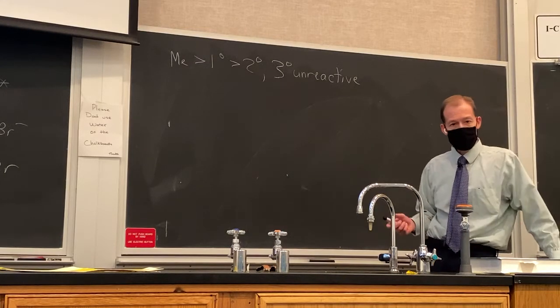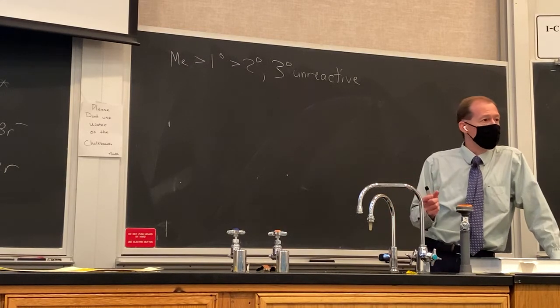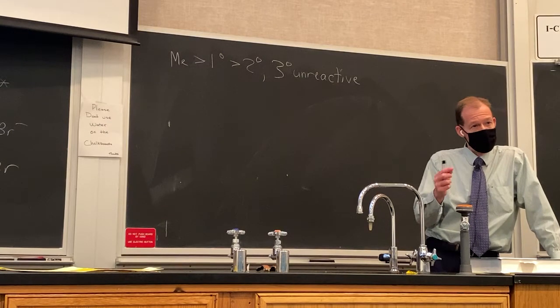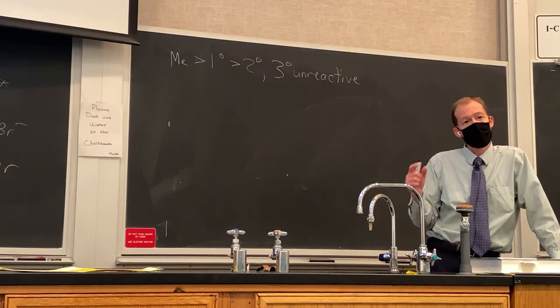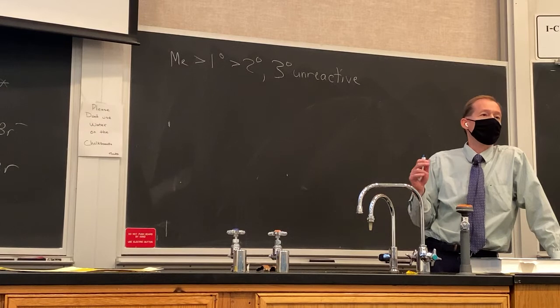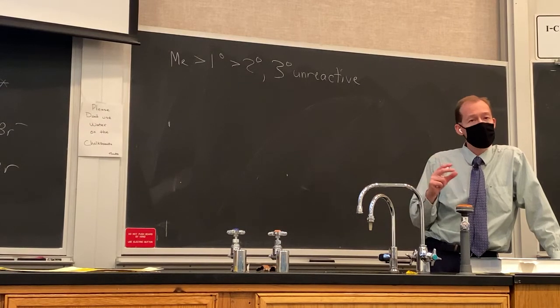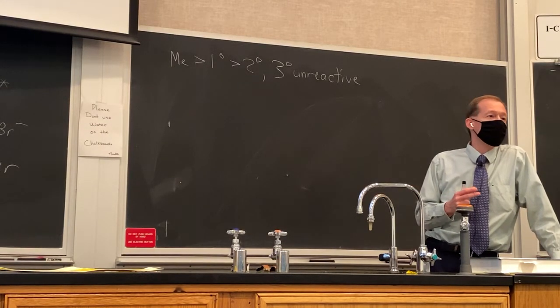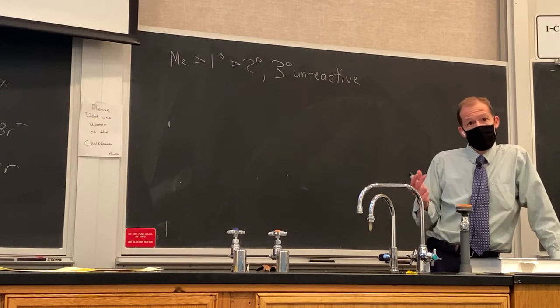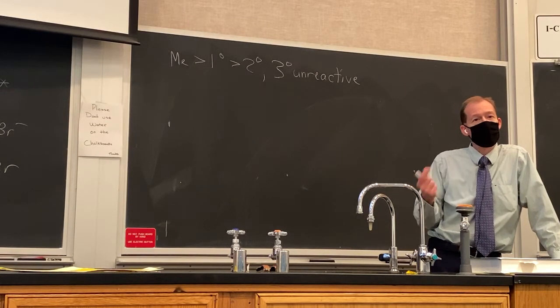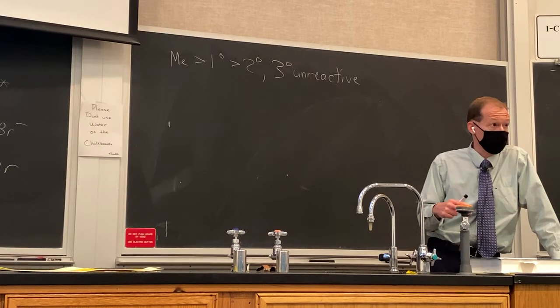The SN2 reaction only has one step, so it's only the rate of that one step that matters. And if we have differences in rates, that means we have differences in energies of activation. The reactions with the faster rates will have lower energies of activation.